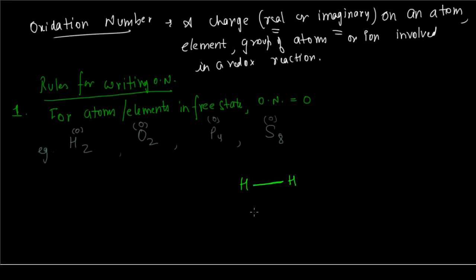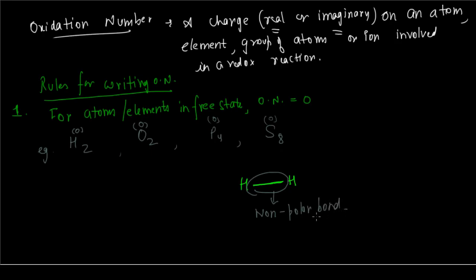Can you say that one hydrogen is more electronegative? Obviously not. So both hydrogen atoms have the same electronegativity. As a result, this bond between them is a non-polar bond.